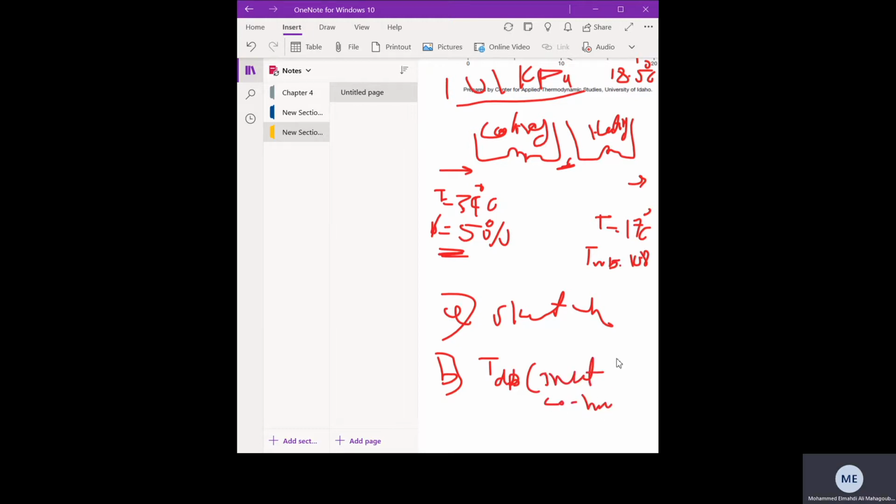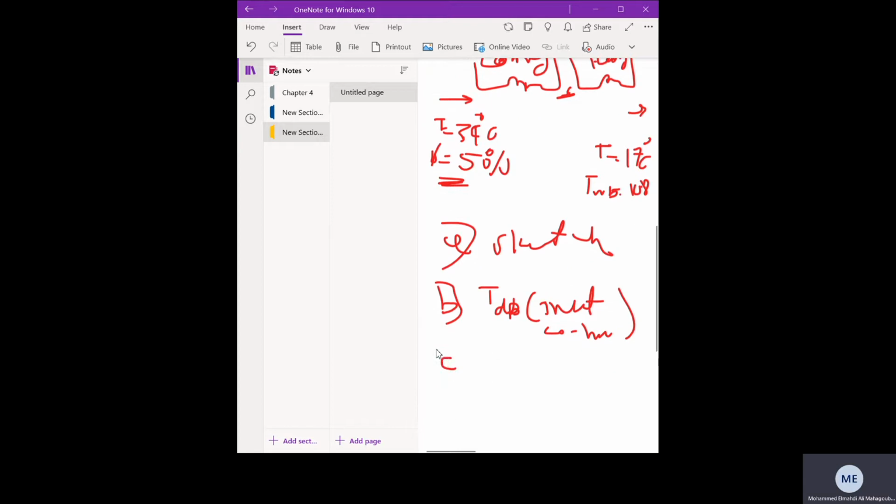And then C, what is the net heat transfer of the entire process? The heat that is transferred from the cooling coils, and the heat that's transferred from the heating coils, the net heat. And the problem is at 1 atm.